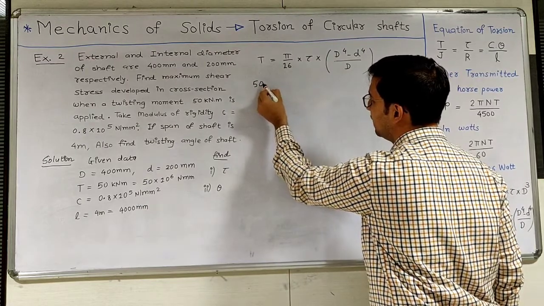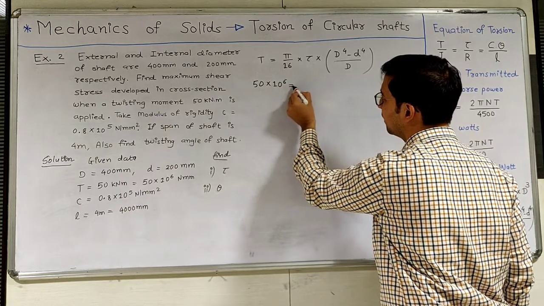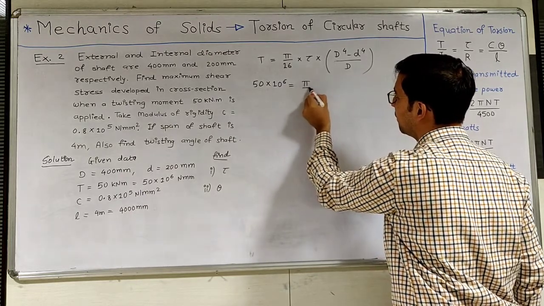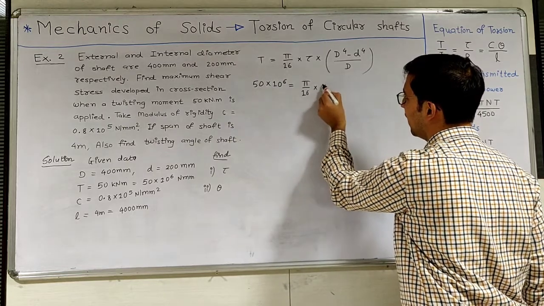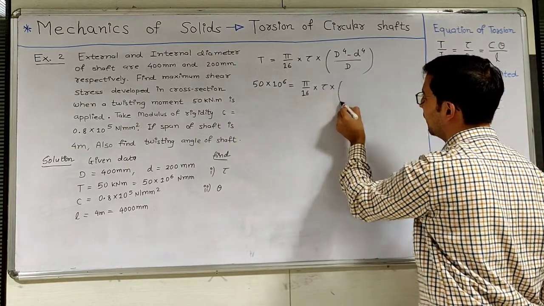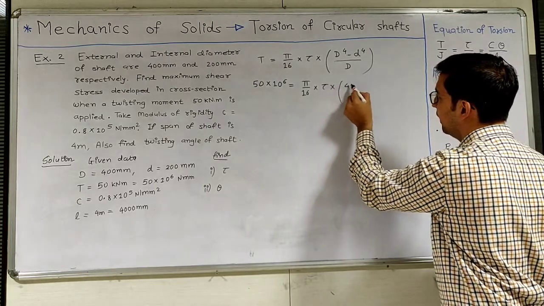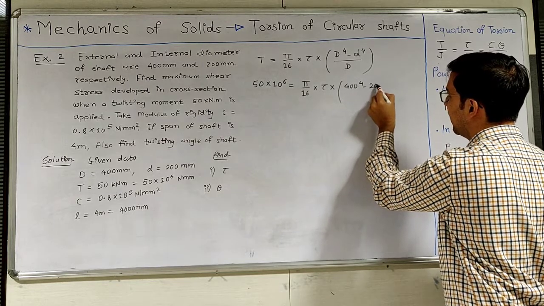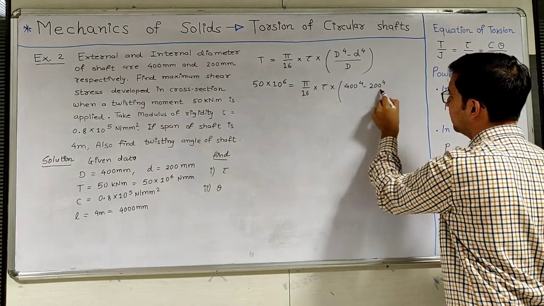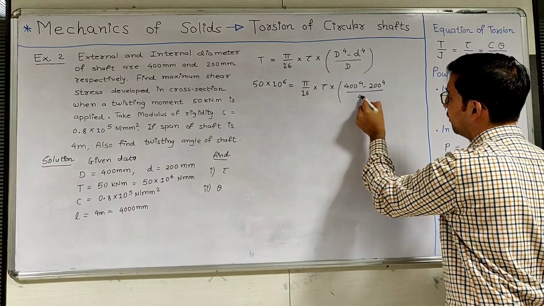First, the value of T as 50 into 10 raised to 6 equals pi by 16 into tau, which is unknown, into external diameter 400 raised to 4 minus internal diameter 200 raised to 4, divided by 400.